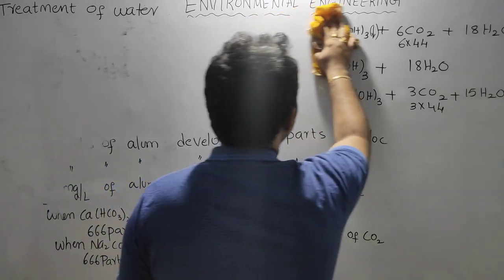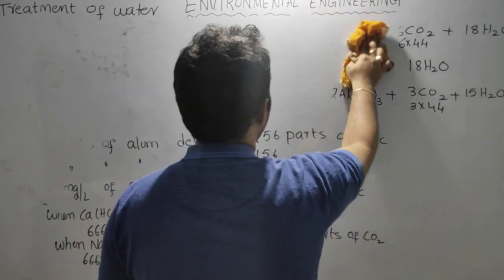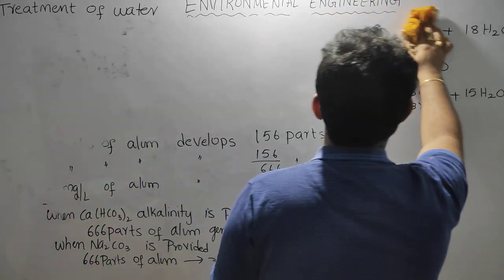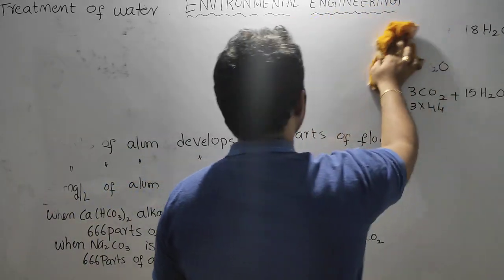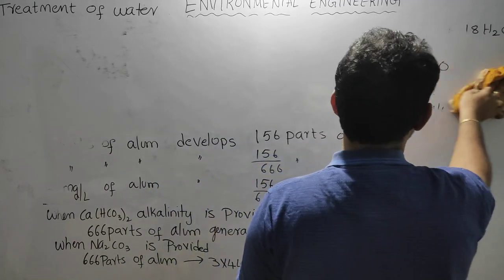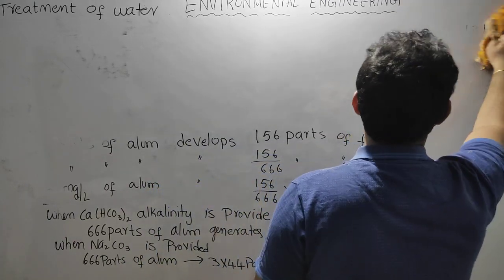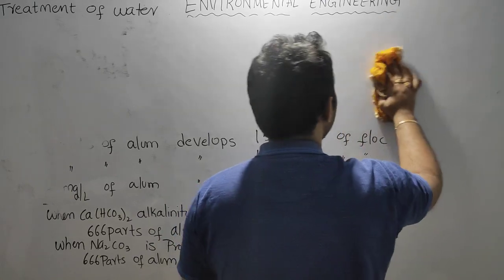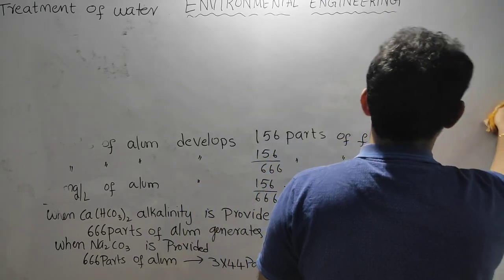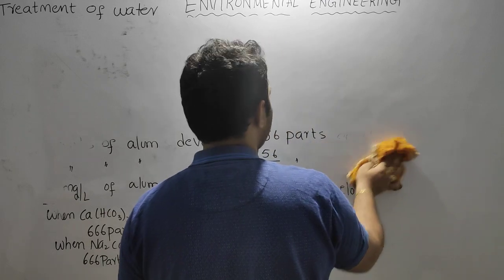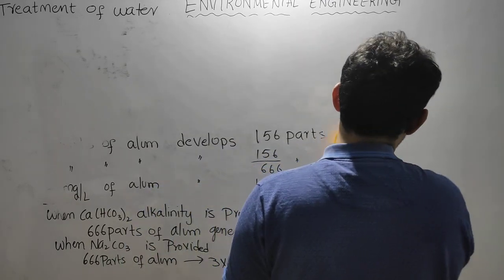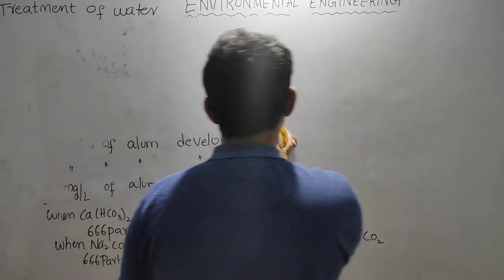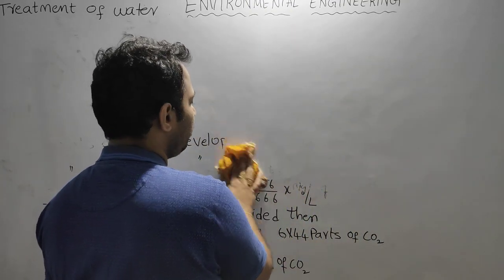And in the previous explanation I was telling that if you are taking quicklime, then quicklime will have some purity. Sometimes quicklime may not be 100% pure. If you are providing alkalinity by any means, that material we use for giving alkalinity from the external side may not be 100% pure.